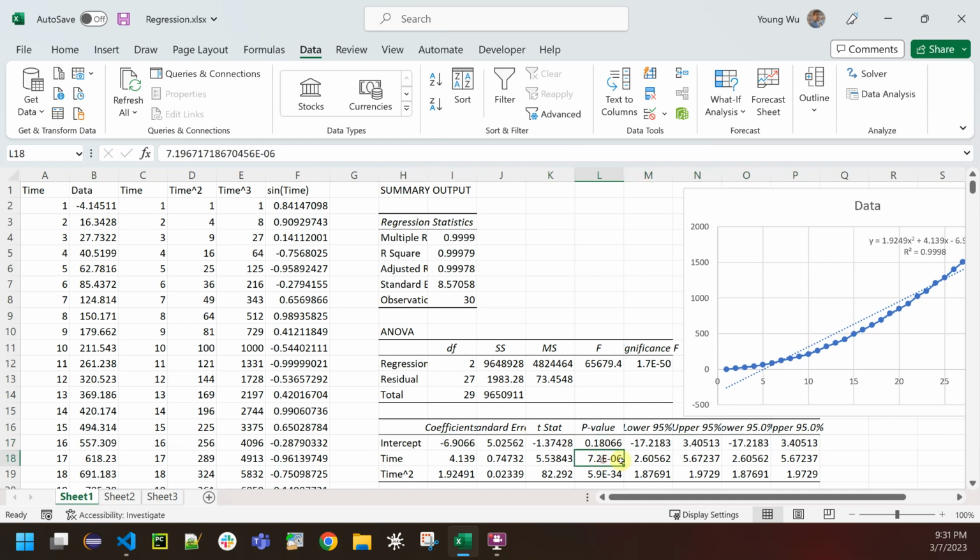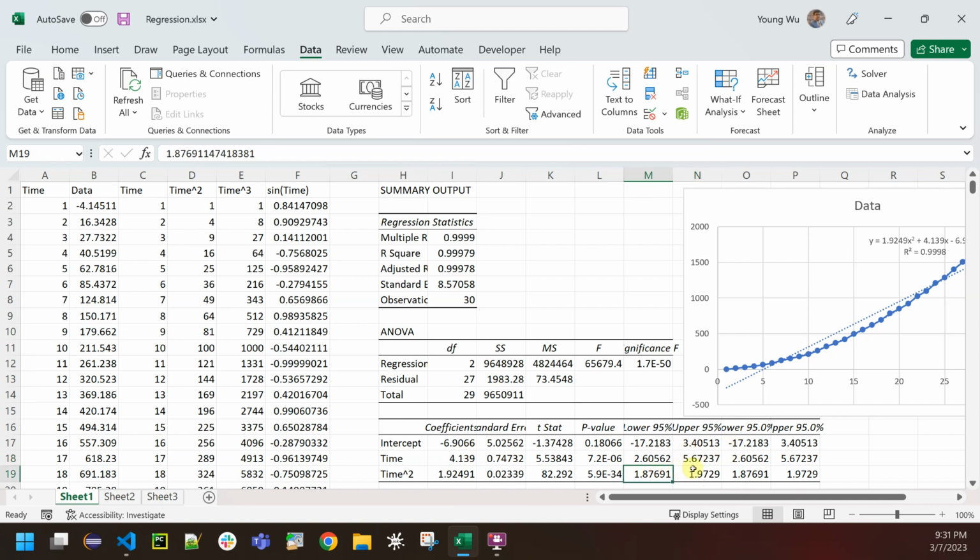Okay, so those are the two numbers that are important. The actual trend coefficients can be used to make predictions, but it's hard to explain what this number actually means. With 95% confidence, this coefficient is between these two numbers, 2.6 and 5.67.